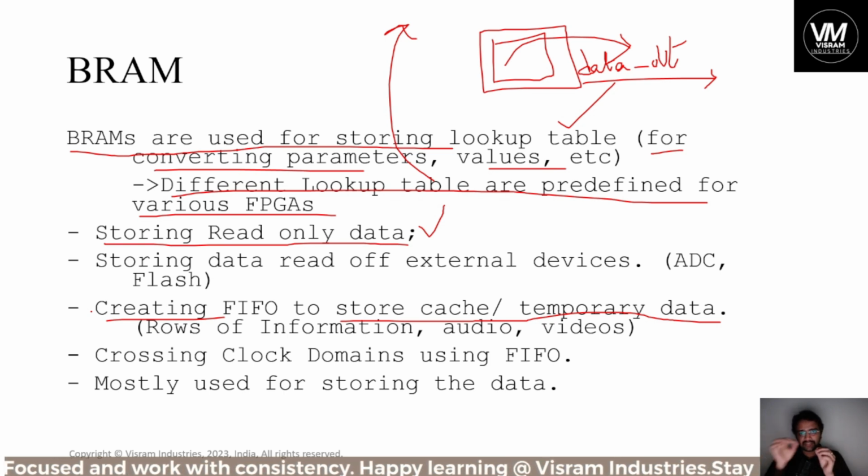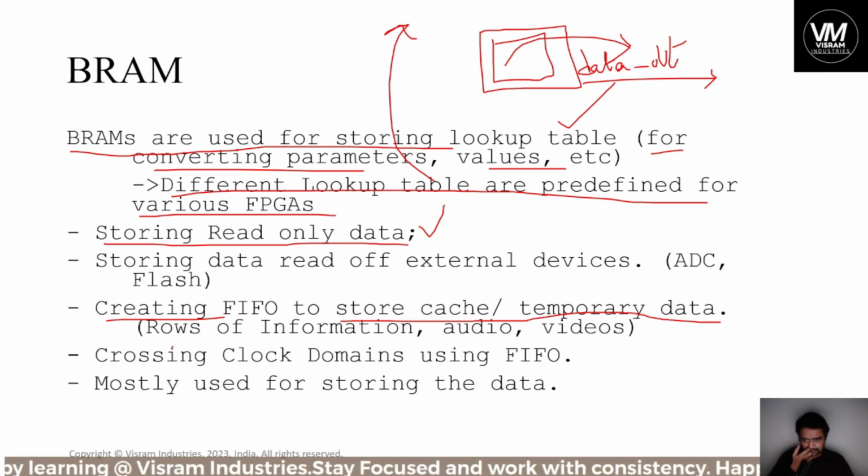It takes the data into one initial location as 00, and takes out the data from the final location. So there is first in, first out of the data. That is how it looks.